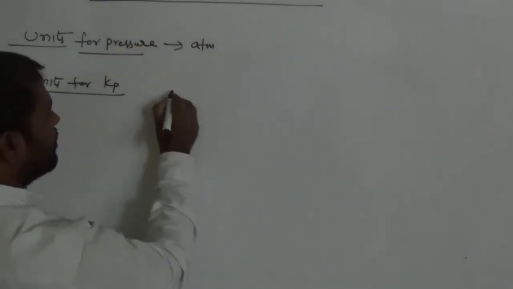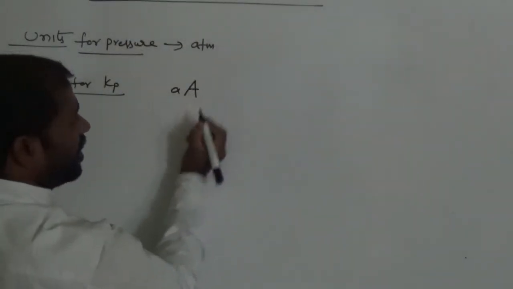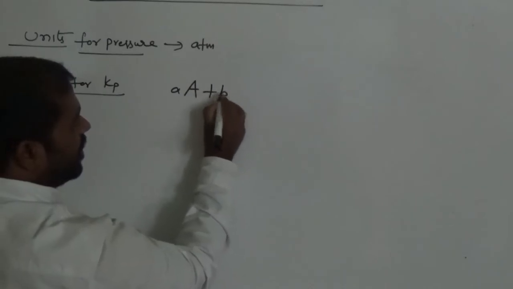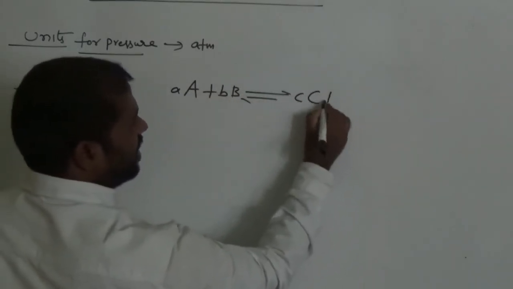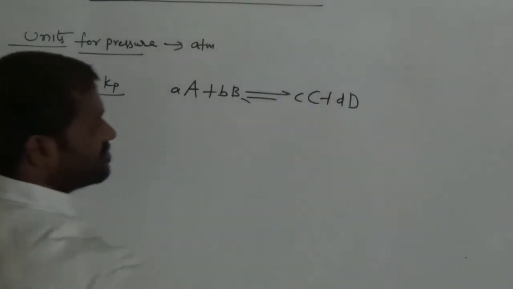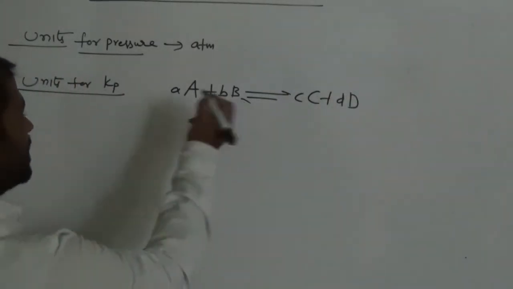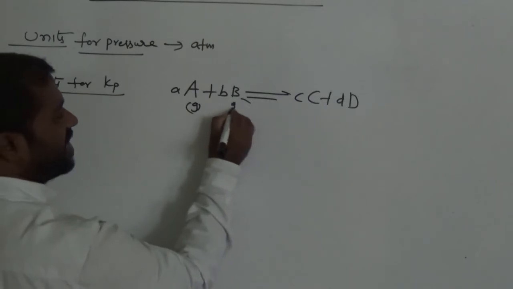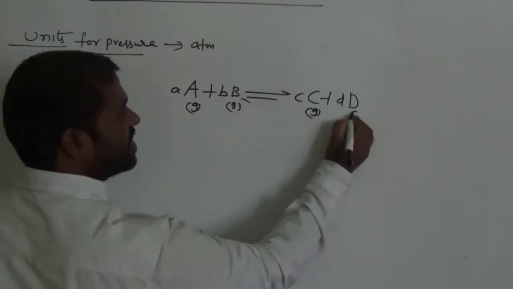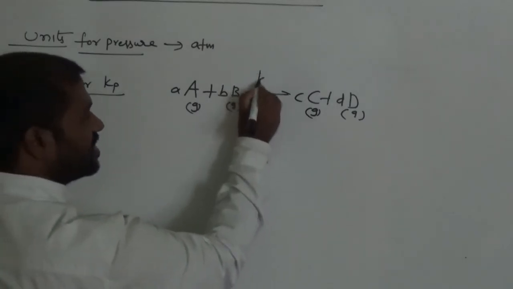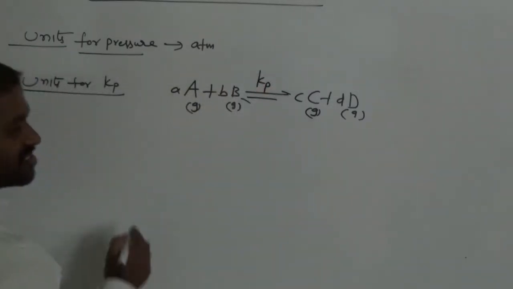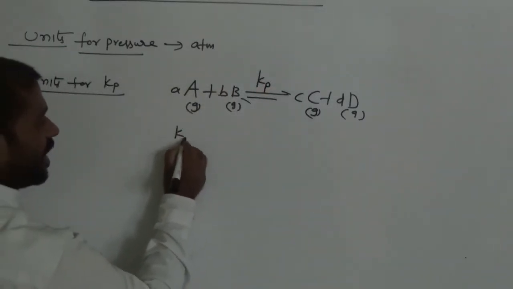ATM, atmosphere. So let us consider the equation aA plus bB is reversible to cC plus dD. This is the equilibrium expression. Now this one is taken as gas, that means a gaseous chemical equilibrium where the equilibrium constant is Kp. So what is the expression?